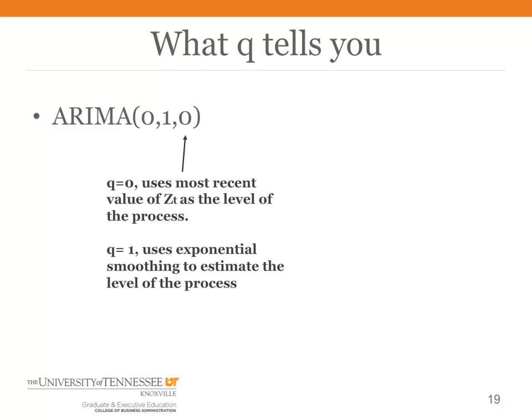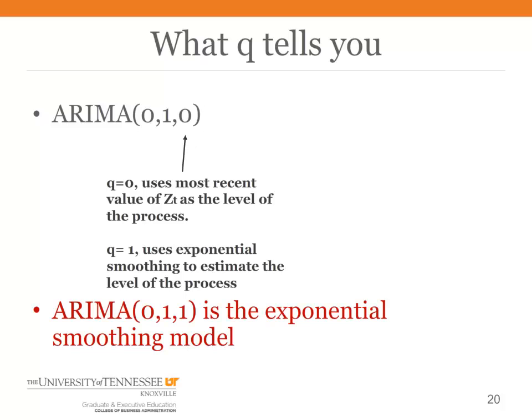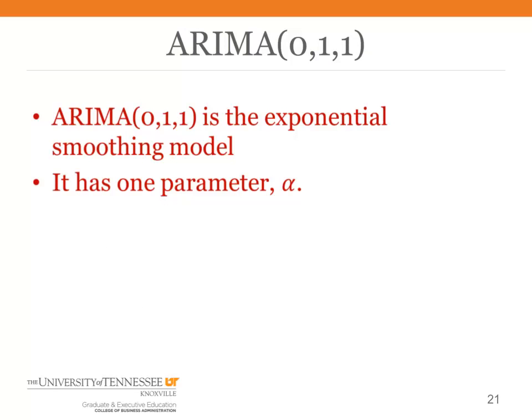If I put a 1 in there, it tells me that I'm going to use exponential smoothing to estimate the level of the process. So that means that ARIMA 011 would be our exponential smoothing model. ARIMA 011 is the exponential smoothing model, and that particular model has only one parameter to be estimated, and that is the smoothing constant alpha.